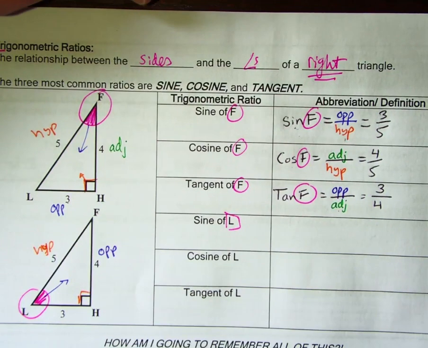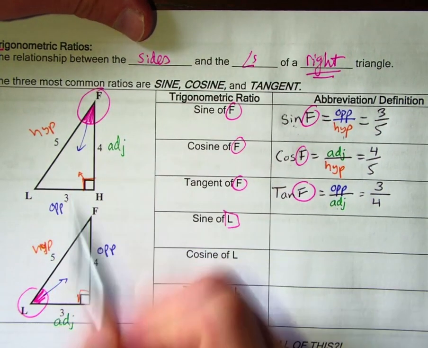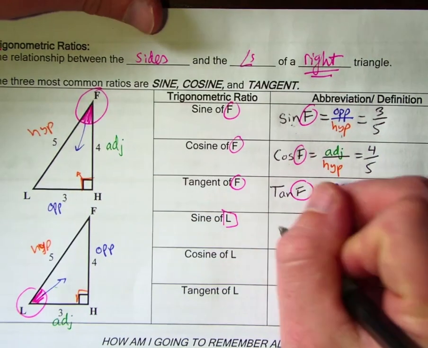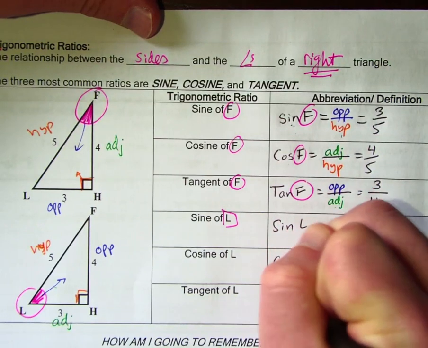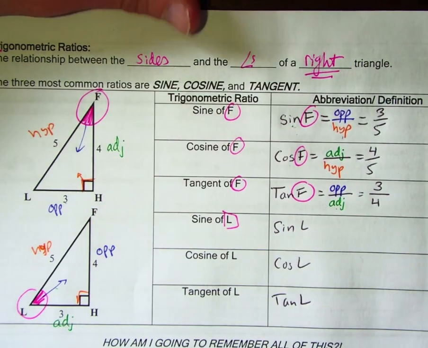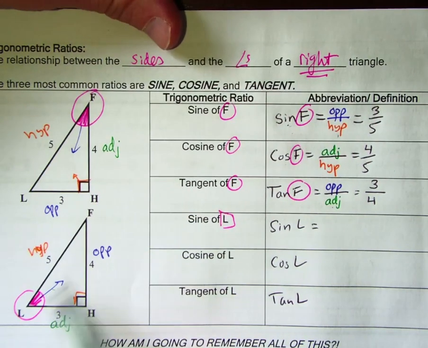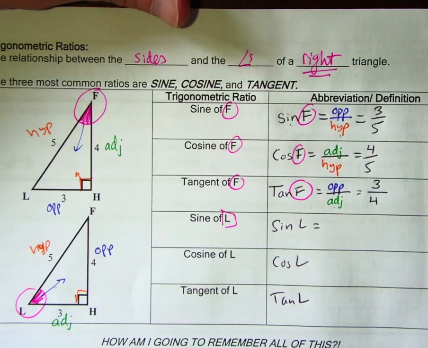See? And my adjacent is now going to be down here. The numbers stay in the exact same spots. It's just that this is now the side opposite from my reference angle because I changed reference angles. So now I want sine of L, cosine of L, and tangent of L. Sine of L happens to be opposite over hypotenuse. Okay, opposite over hypotenuse.